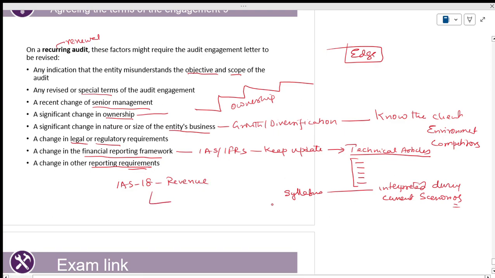Now they have replaced IAS 18 with IFRS 15 with respect to revenue. IAS 18 no longer exists. Some changes will be there, and you should be clear what things were there previously and what they are now. This is only one example I am giving. The moment you do financial reporting and strategic business reporting, you will come across all these issues.